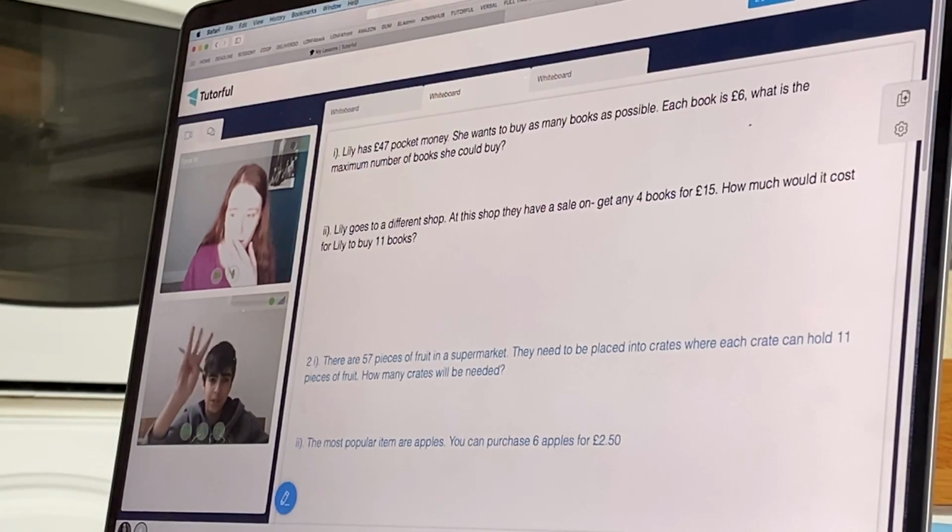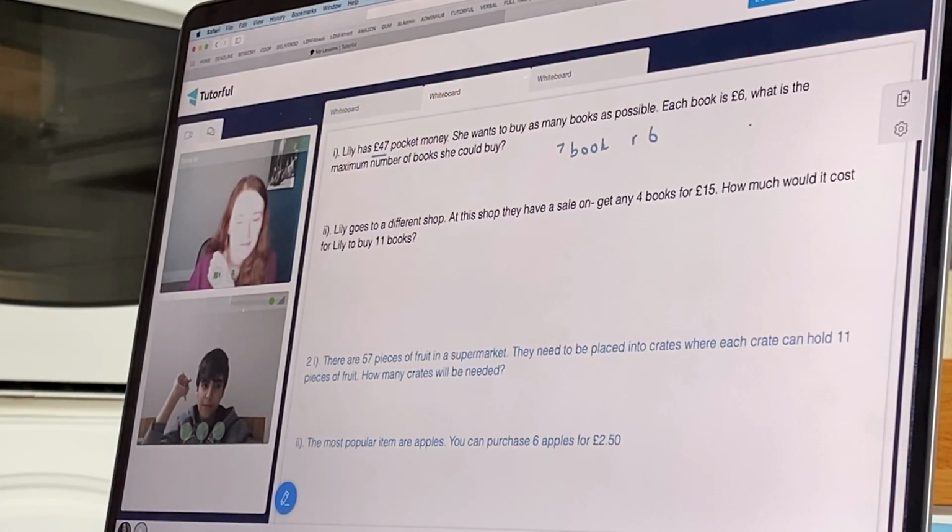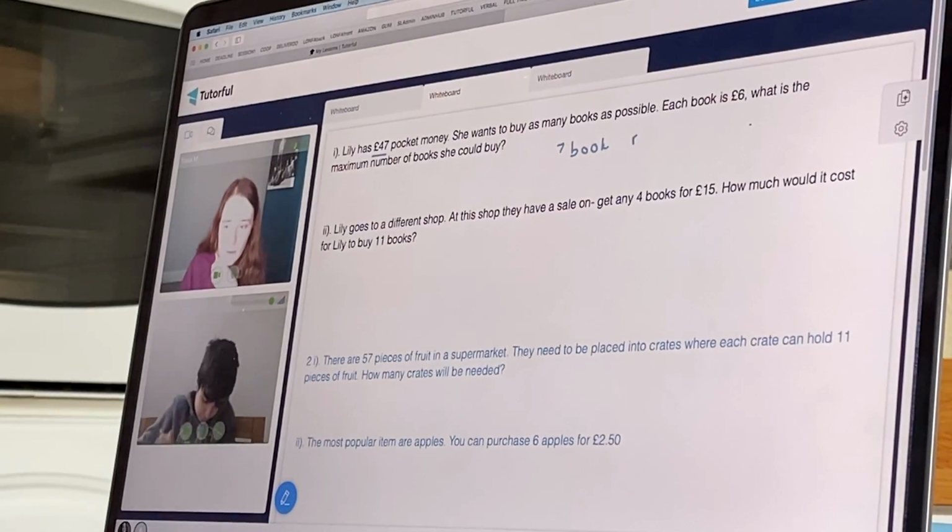No, she can buy 8 books if she has 8, but not quite 8 books, because she's only got £47. So she can buy 7 books. Remainder 6, are you sure? Remainder 5. 7 times 6 is 42, so the remainder is £5. That's what that will be.